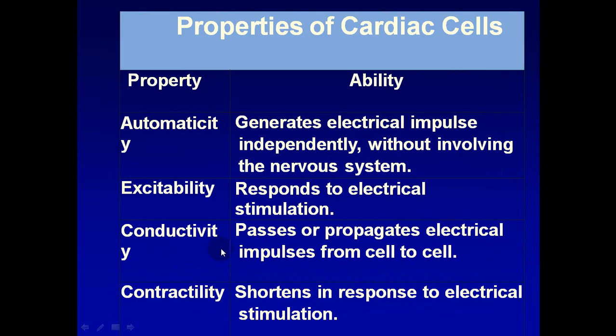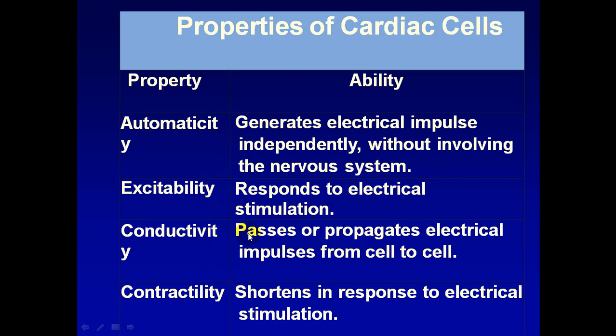The properties of cardiac cells, as we know, are automaticity, excitability, conductivity, and contractility. Automaticity is generating electrical impulses independently without involving the nervous system. As we discussed, the nervous system modifies and controls it, either accelerating or inhibiting. Excitability is responding to electrical stimulation.